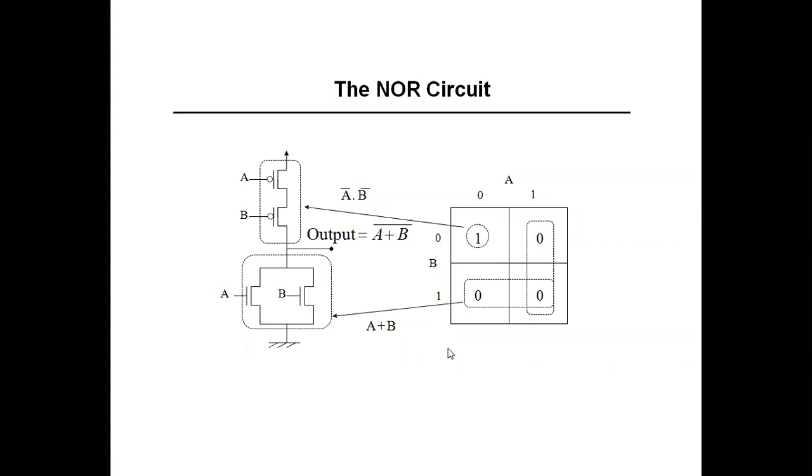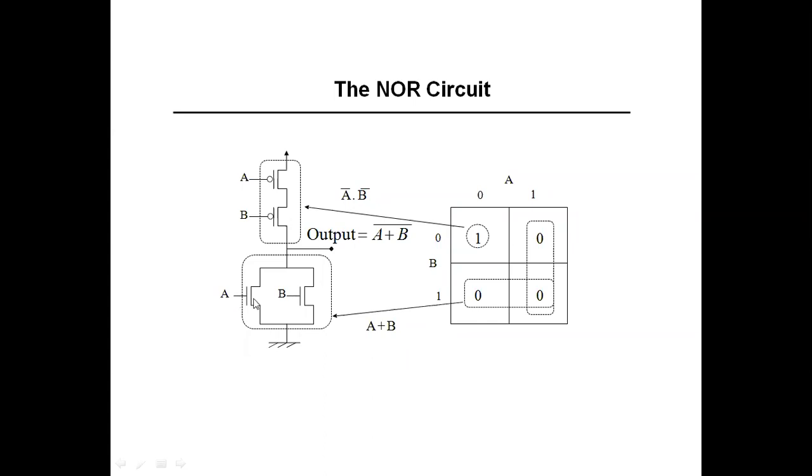Okay, now check for another condition. Now check the 1 1 condition. A is 1, B is 1, and you should get zero output. Now A is 1, so this PMOS is an open switch, not in conduction. B is also 1, so it applies 1 at the gate, and this PMOS is also not in conduction. Now check the pull down network.